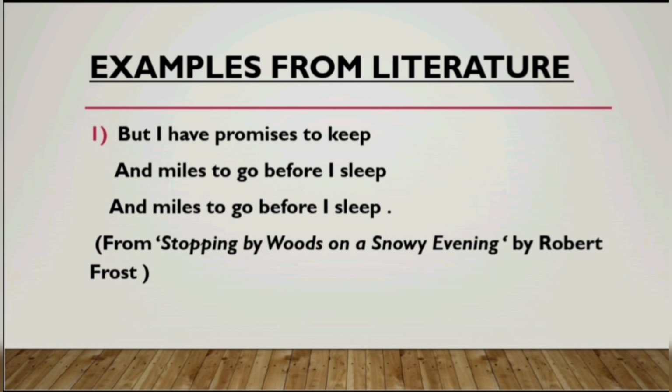This is one of the most classic, one of the most beautiful poems ever written, and these lines are from Stopping by Woods on a Snowy Evening, written by Robert Frost, which gives us the effect of repetition, where each time he uses 'and miles to go before I sleep' it signifies two different things. One is a short sleep and the other signifies a long sleep, that is death. So it has a deeper meaning and is a beautiful example indeed.